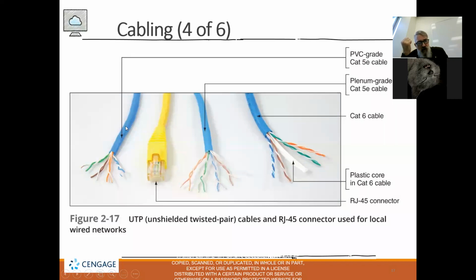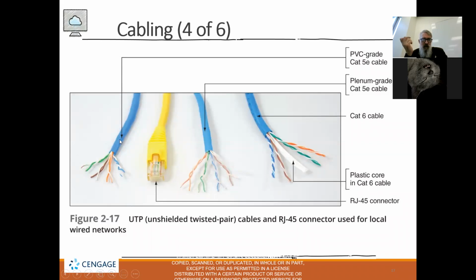The difference between the plenum and our PVC grade, category 5E, plenum grade or category 5E, is that the plenum grade has a fire resistant covering. The insulating covering on the plenum grade is fire resistant, or at least if it does burn and melt, it doesn't produce noxious fumes, which cannot be said for the PVC grade.